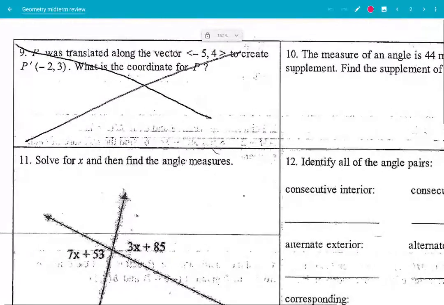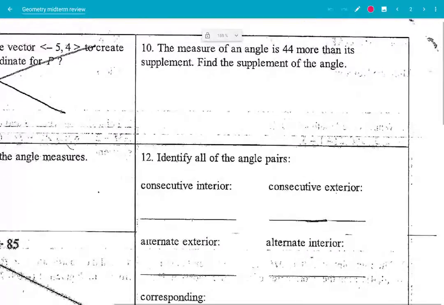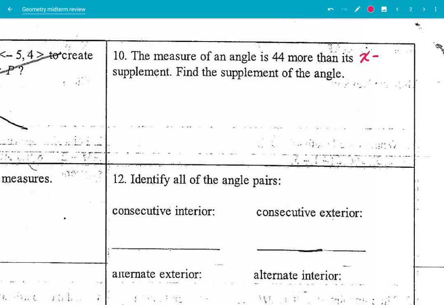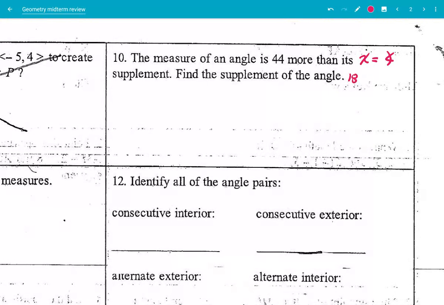Oh, look, we don't have to do that because that was translations, which we did earlier. All right, the measure of an angle is 44 more than its supplement. Find the supplement of the angle. X is the angle, so 180 minus X is the supplement. So the measure of the angle, X, equals 44 plus its supplement, which is 180 minus X. So there's our equation: X equals 44 plus 180 minus X. Let's add X to both sides.